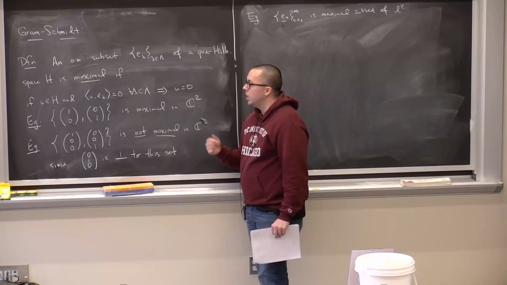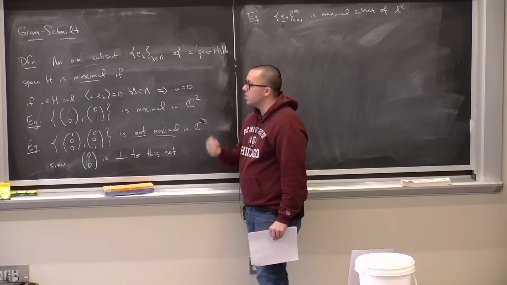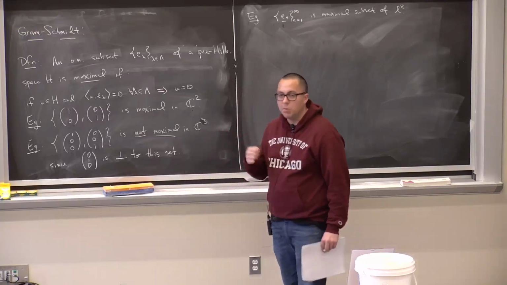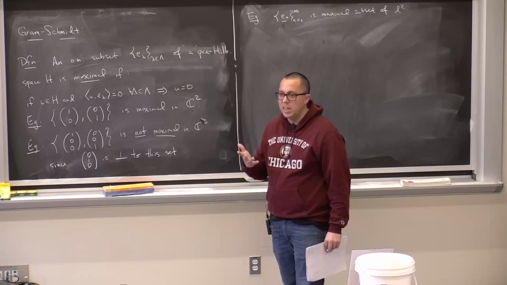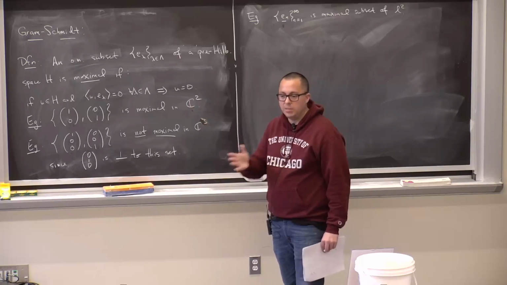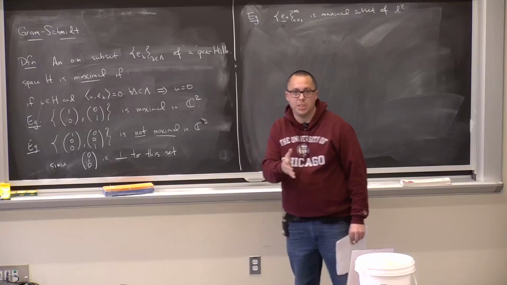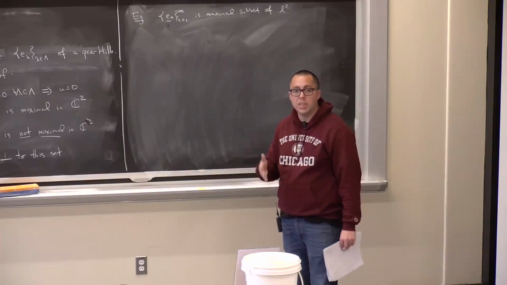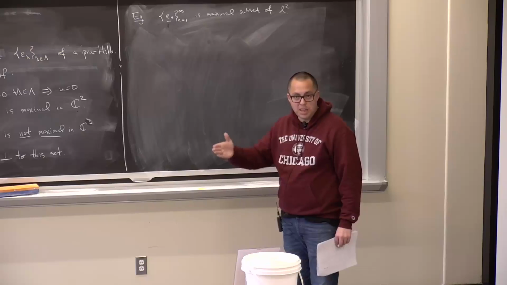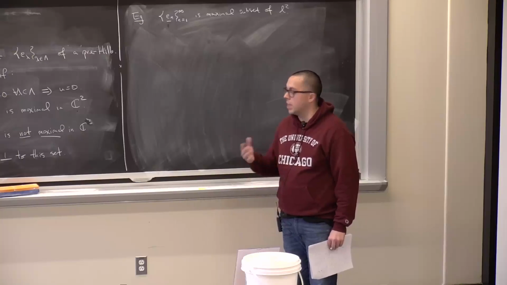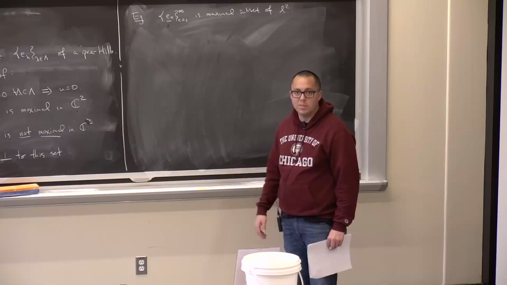So maximal gives us a condition which is equally useful as being a basis, but it won't be a Hamel basis, in the sense that every vector can be written as a finite linear combination of the elements of a maximal orthonormal subset. But what is true is that we can write it as possibly an infinite sum involving the maximal orthonormal subset, which in most cases is just as good.